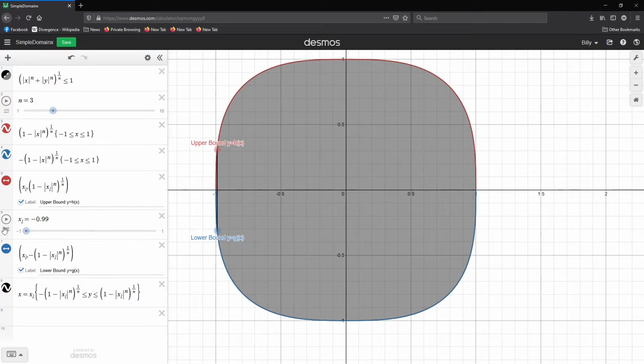This is why when we're integrating over non-rectangular regions, those inner bounds have to be functions. Because if we play as we go through, in this case, for x from a to b, you see very clearly that as you move through this region, the upper and lower bounds have to change correspondingly with respect to the point x that they're at. If you were to not use the upper and lower bounds of y as functions of x, you would not be capturing the correct region. For instance, in this example, we're going for x from -1 to 1.